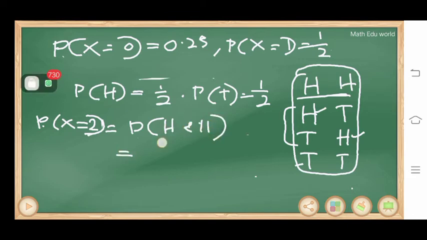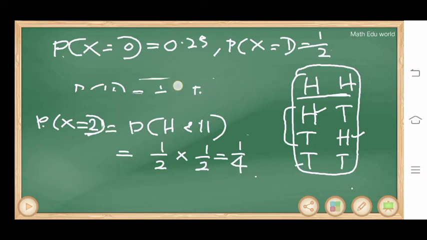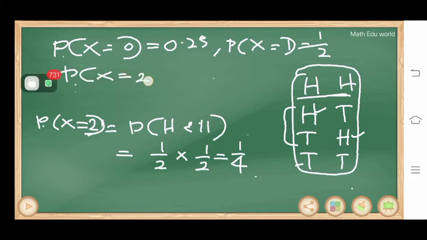The probability of head is 1 by 2 multiplied by the probability of head, again 1 by 2, which is equal to 1 by 4. That is 0.25. So P of X equal to 2 is again 0.25.